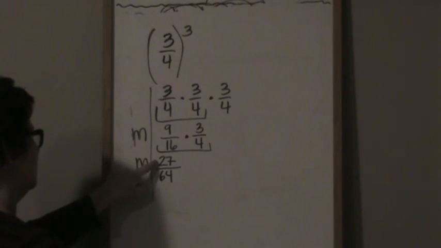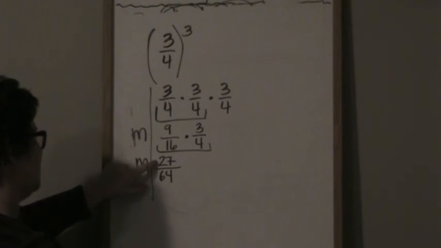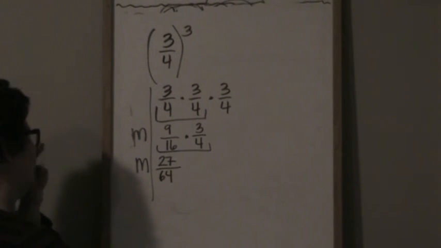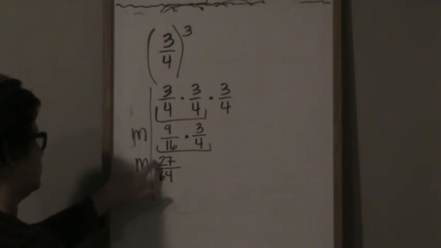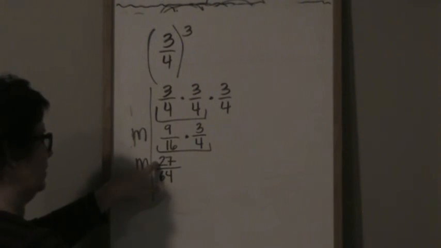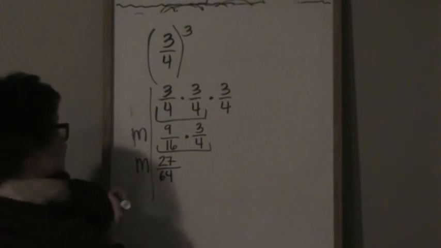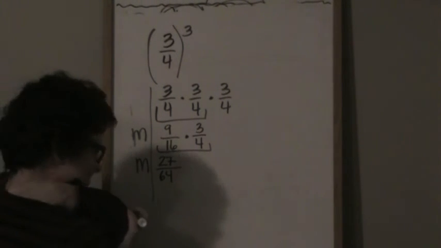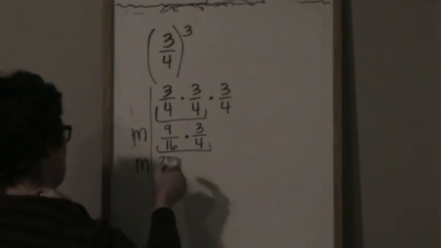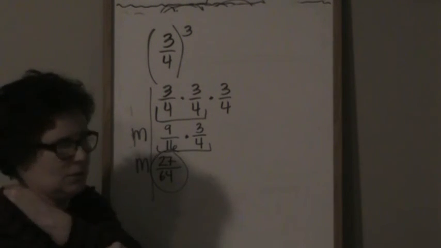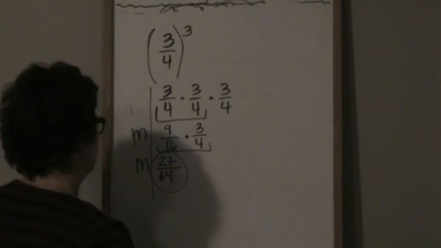Let's see. 3 goes into 27 9 times. Are those factors of 64? Nope. Okay. 3 times 9, 1 times 27. Those are the only factors of 27. So if 3 and 9 don't go into 64, that means that this, my friends, is your final answer. You can't do anything with it. Okay?